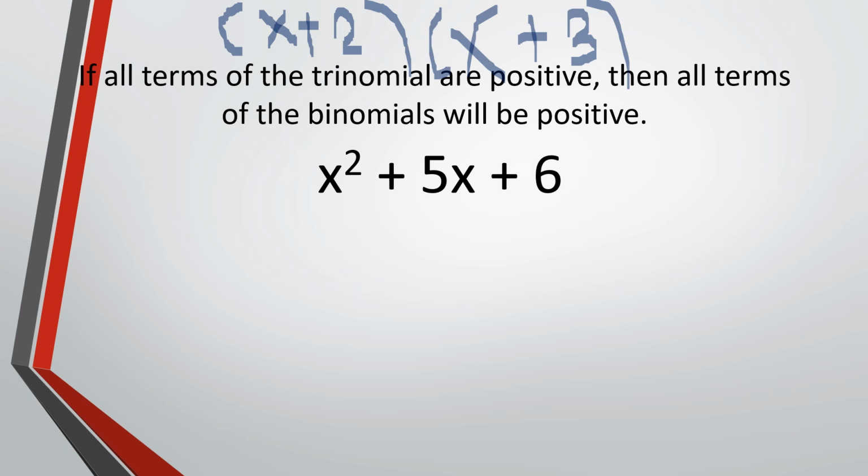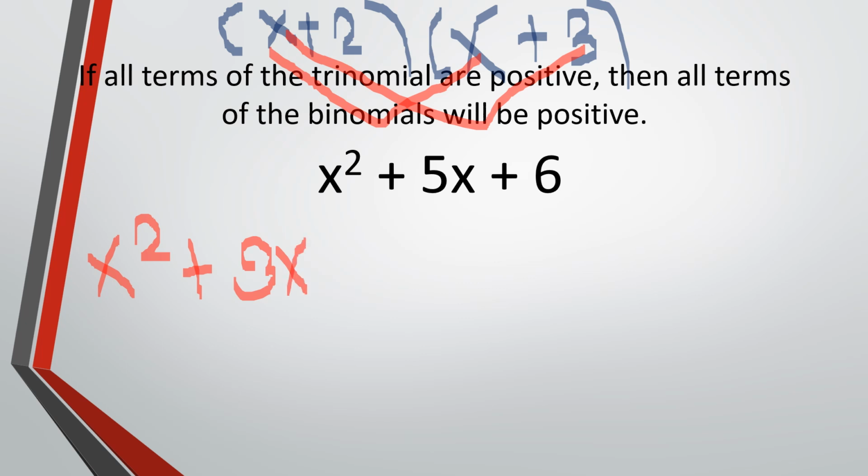If you have x multiplied by x, we have x squared. If you have x multiplied by positive 3, we have positive 3x. Then, 2 multiplied by x, we have positive 2x.